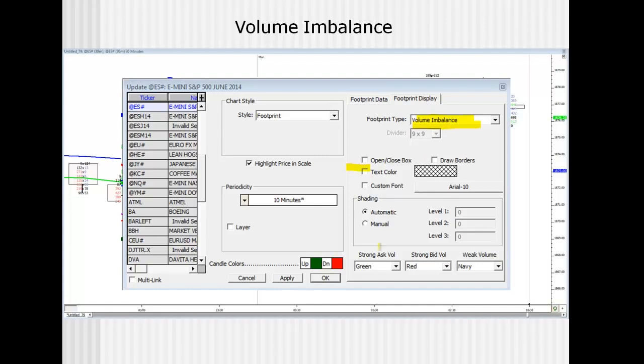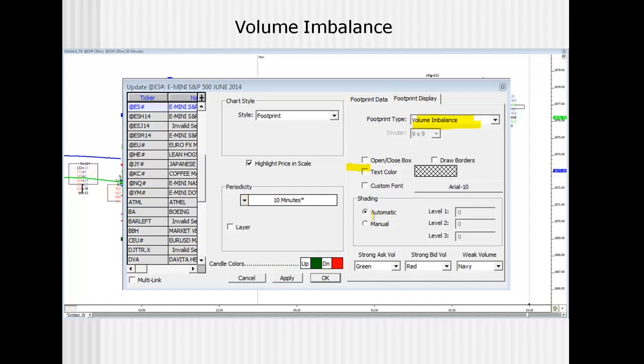The next most important thing is shading. Down here, this is the calculation that determines the level of imbalance that you're looking for. If you choose automatic, the default for the software is 140% imbalance. Now, sometimes 140% is a little too high.